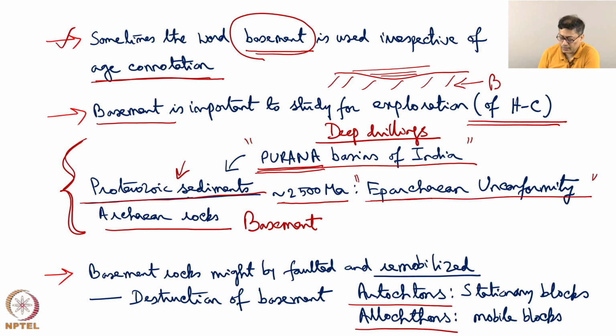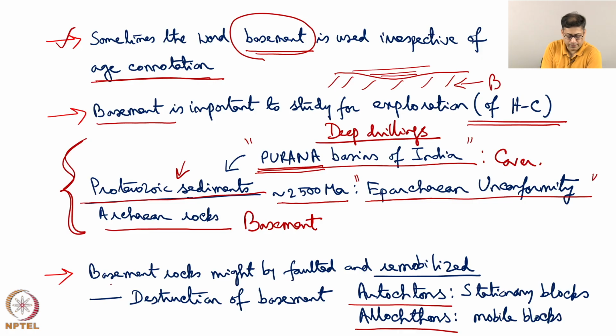In Indian stratigraphy, this term Eparchean unconformity comes into the picture, and we have field evidence of this unconformity in India. So, in this particular case the Archean rock is the basement and the Proterozoic sediment, where we are finding the Purana basins, can be called the cover. When someone studies Indian stratigraphy or any specific terrain-oriented stratigraphy, this knowledge of the principles of stratigraphy becomes invaluable.